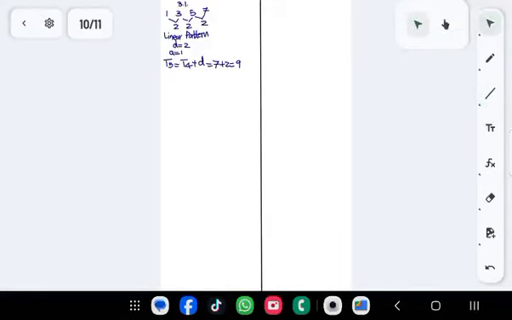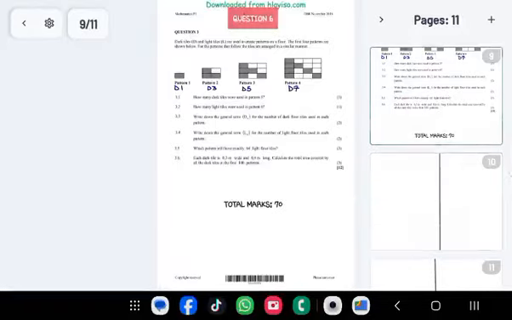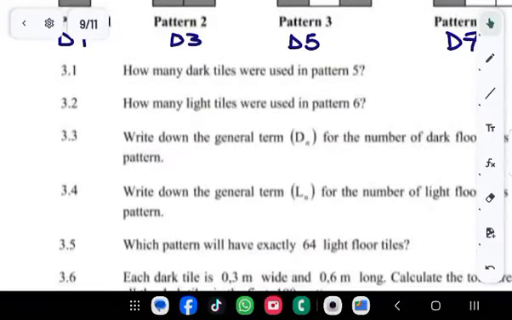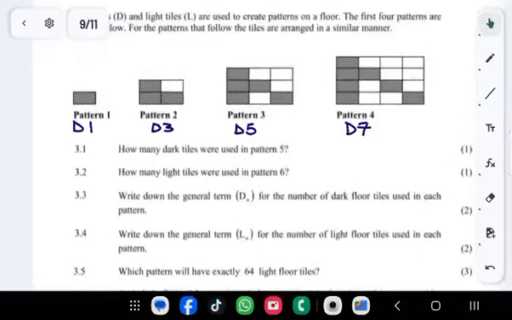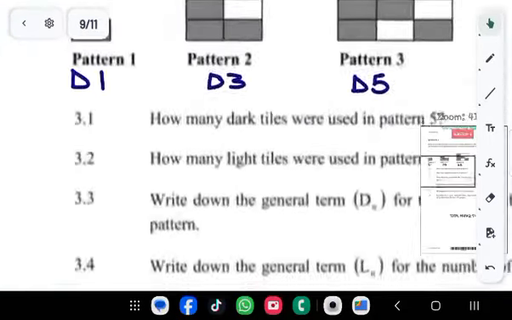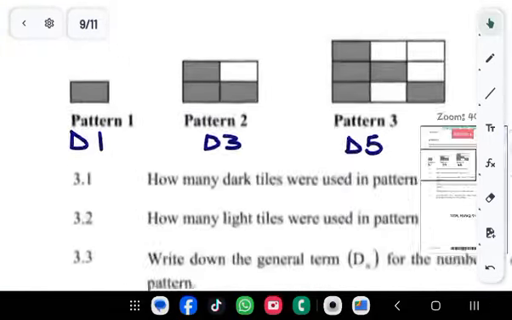All right, next, 3.2. How many light tiles were used in pattern 6? Okay, here are the light tiles. Pattern 1, 0. Pattern 2, 1. Pattern 3, 4. And so on and so forth. Let's label them.